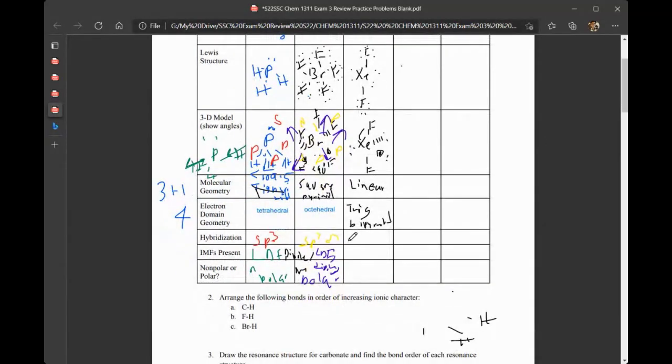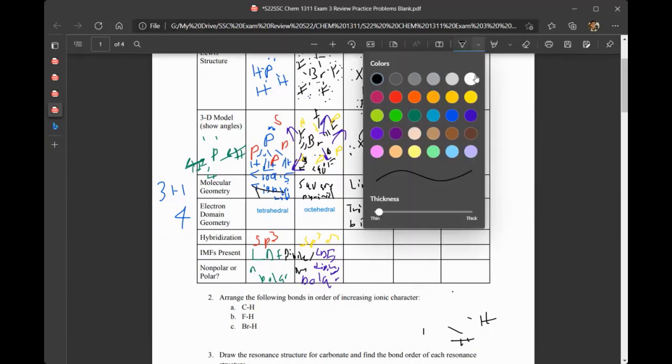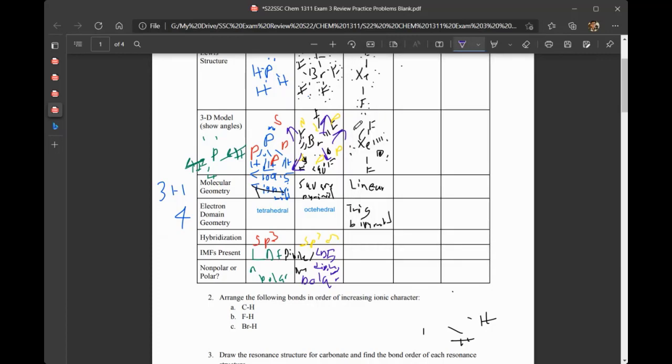And then hybridization, you just count the electron domains: S, P, P, P, and I think there's just 1 D. So it's sp3d.